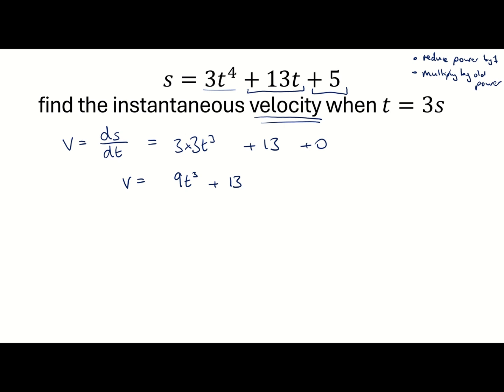Okay, so let's answer our question over here. Find the instantaneous velocity when time is equal to 3 seconds. So if t is equal to 3 seconds, let's substitute this into our velocity equation. v would be 9 times 3 cubed plus 13. Let's use a calculator here.